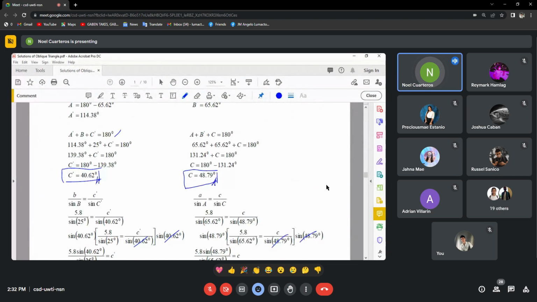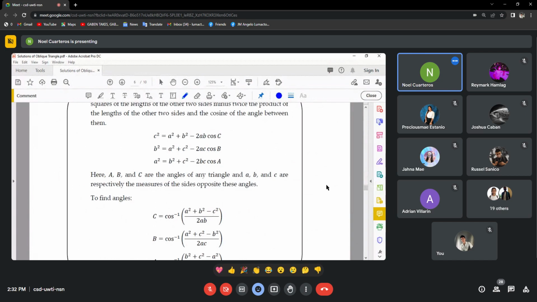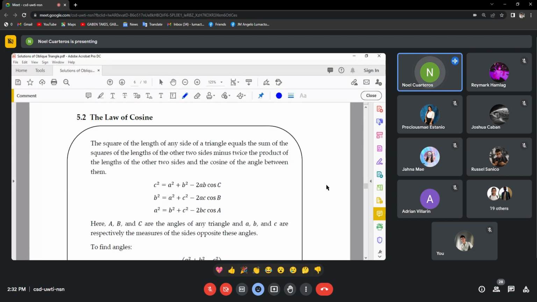So this would be the law of cosine that we have, to find the given sides. If side A and side B are given with their adjacent angle, we use this equation. If sides B and C are given, then we use this one.